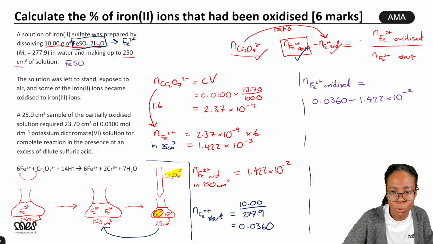If we took our salt and dissolved that in water, it's going to give us Fe2+ and SO4 2-. So for every one of these, we get one of those.